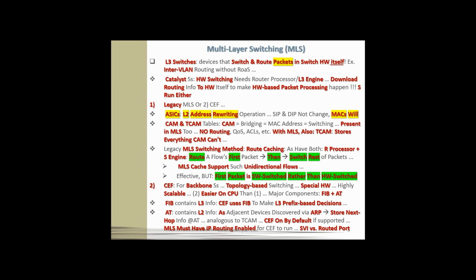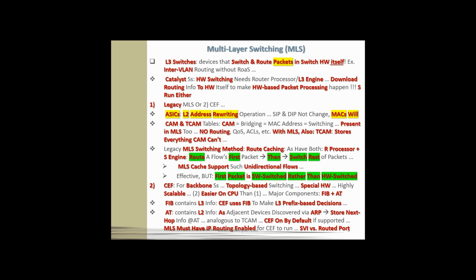Routed ports are physical interfaces, unlike SVIs. So routed ports are physical, SVIs are logical, and therefore routed ports, unlike SVIs, do not represent a particular VLAN, as an SVI does.